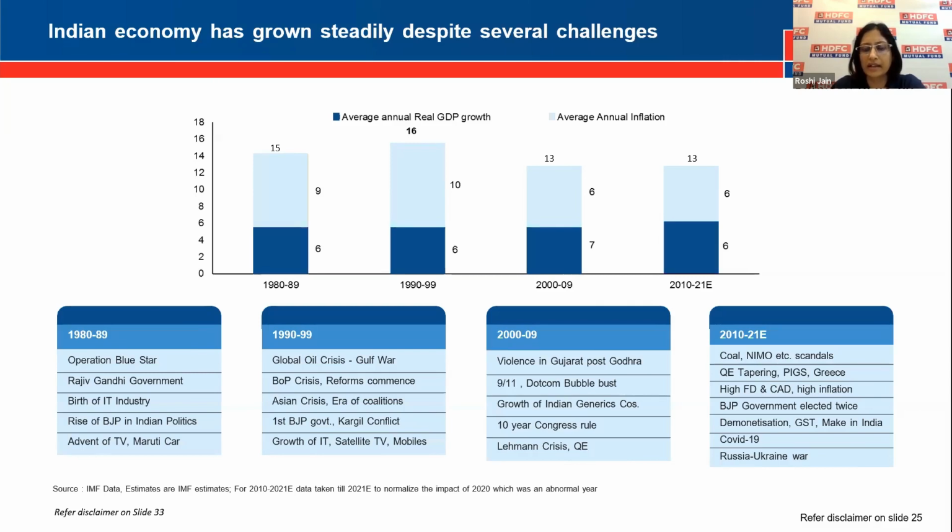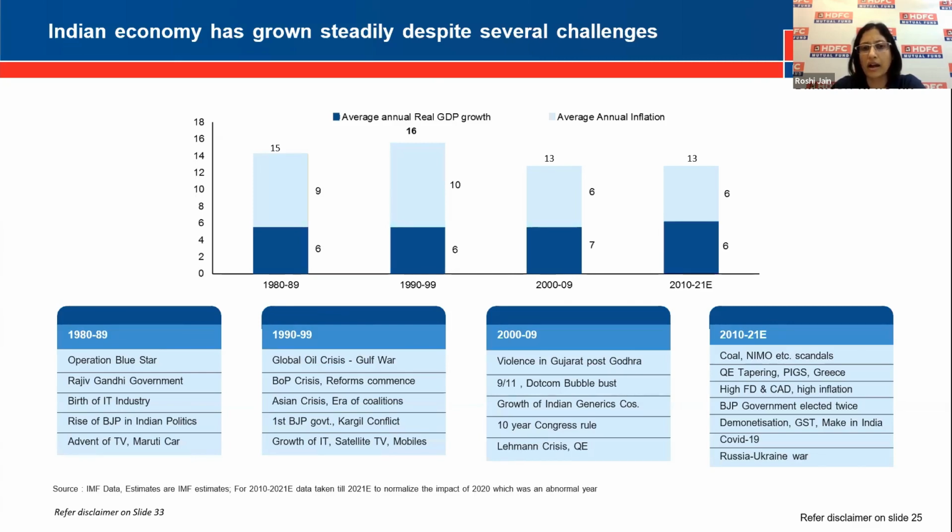So whether it's the 90s, where there was the Gulf War, there was the Asian crisis, whether it was the 2000s, where we had the dot-com bubble, whether it was the last decade, where there were a lot of India-specific disruptions as well, you will see that the one thing that has stayed constant has been the 6 to 7% kind of real GDP growth that the country has reported.